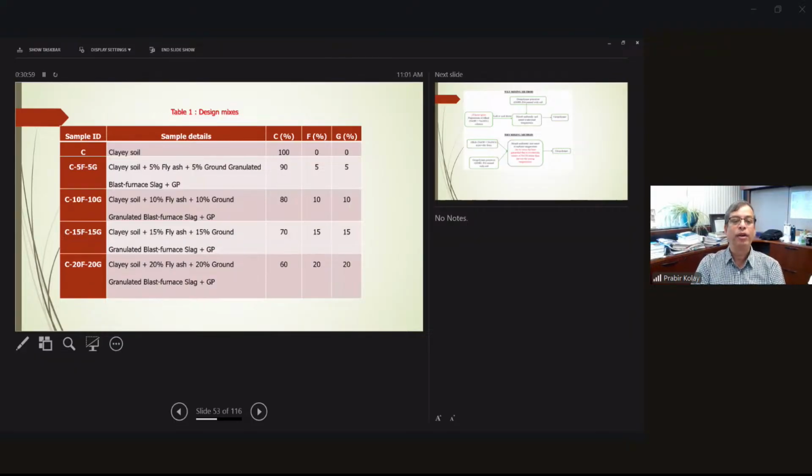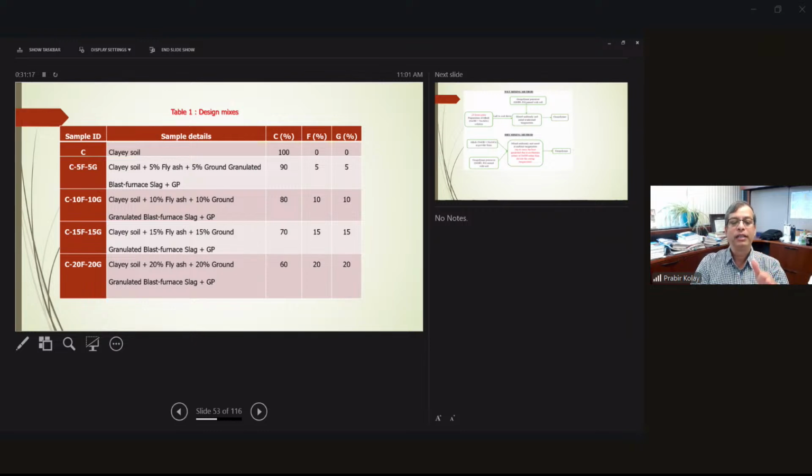These are the combinations we used for these studies. Basically, we used pure clay. We used 5% fly ash and 5% granulated blast furnace slag, plus geopolymer, where the geopolymer is sodium hydroxide and sodium silicate. The second one is clay with 10% fly ash and 10% GGBS plus geopolymer.